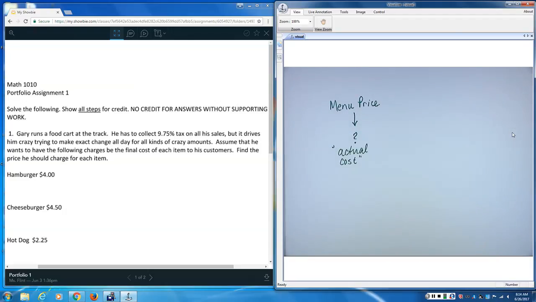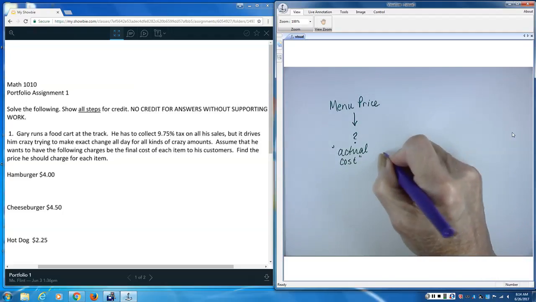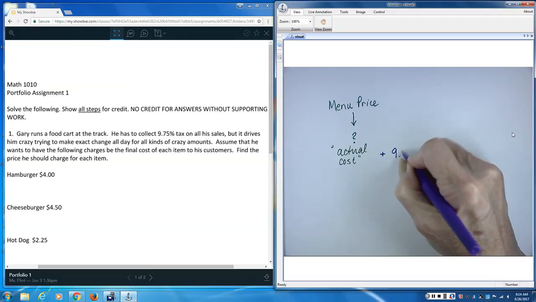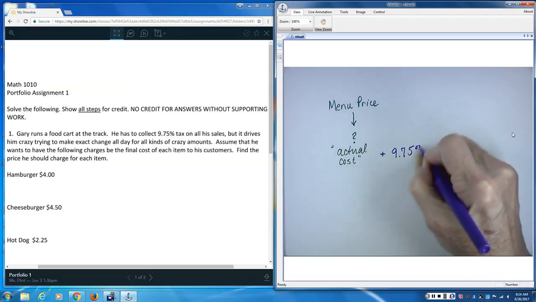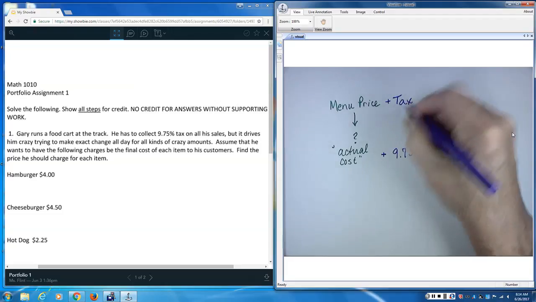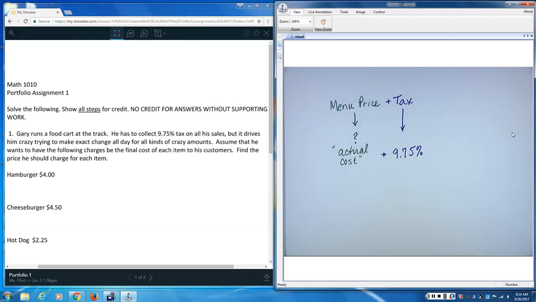So what happens then is when you go in and get the actual cost, they're going to add to it sales tax.